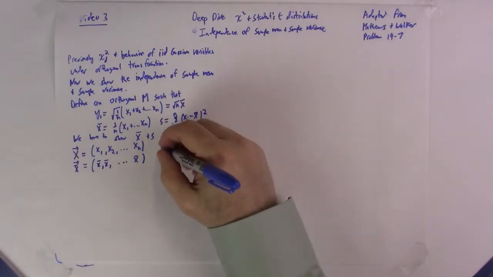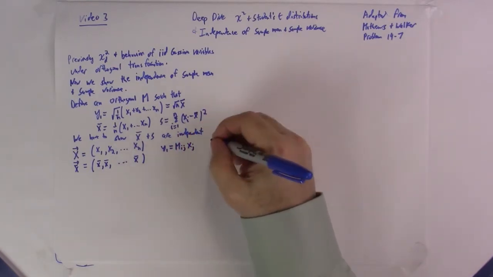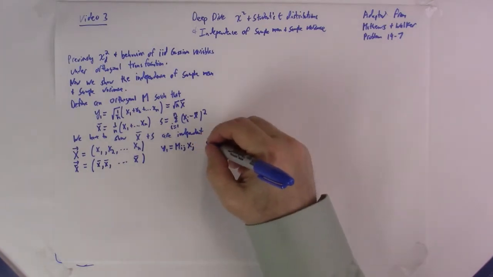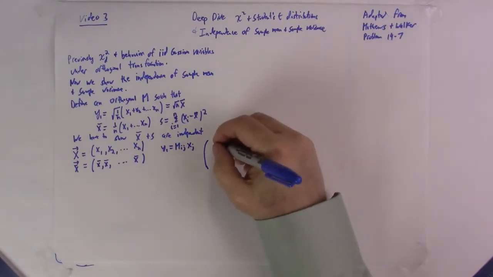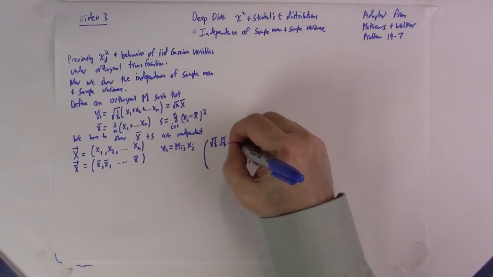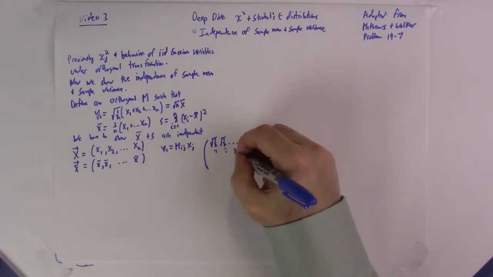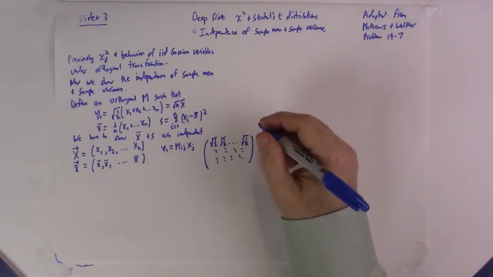As I said, the only thing we require is that y1 equals the sum of m1j xj. So this basically means that the matrix M has the first row square root of 1 over n, square root of 1 over n, dot, dot, dot, square root of 1 over n. And then the rest of it, we don't care what it is. It just has to be orthogonal. And that's easy to accomplish.